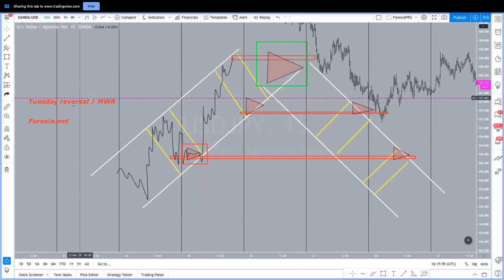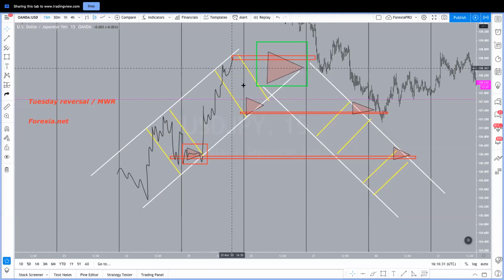When you understand these two, and when it comes to induction and a whole trend changing, and the importance of days of the week: if the trend is going to reverse here, this little signature trade is going to be either a Tuesday reversal or a midweek reversal that will shift from this trend.